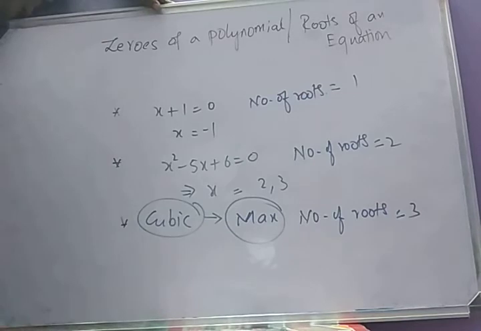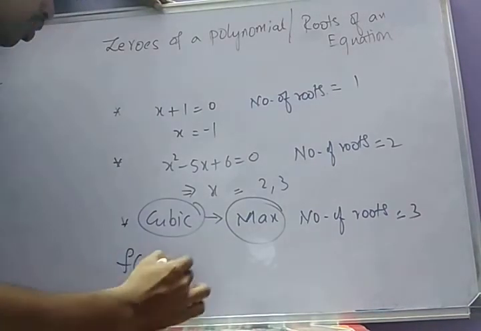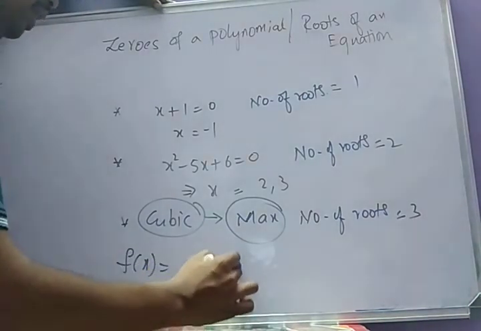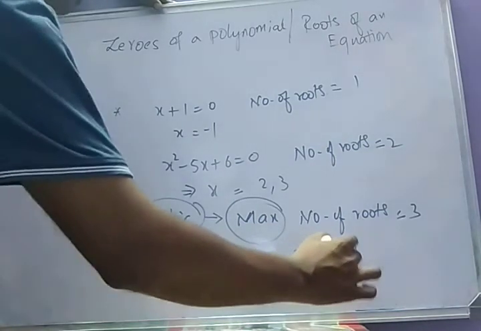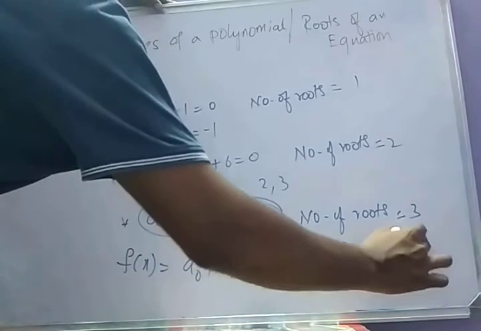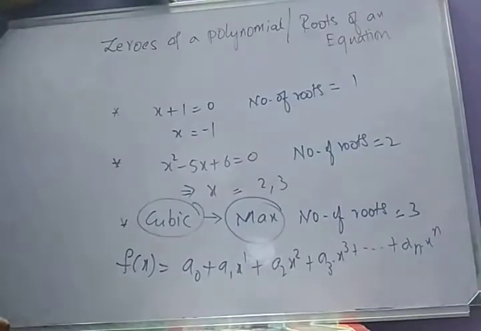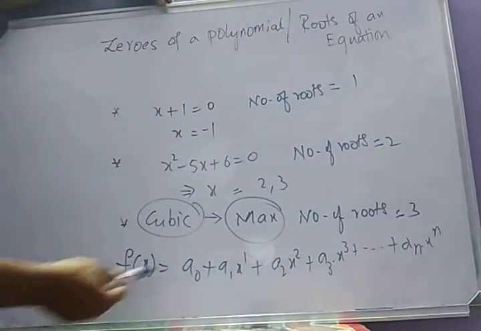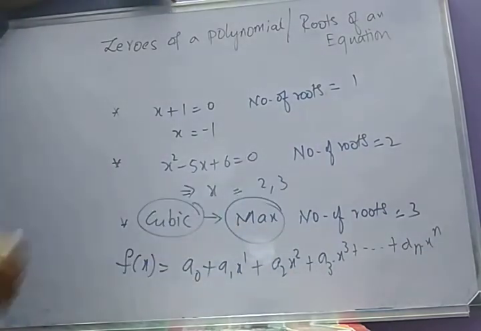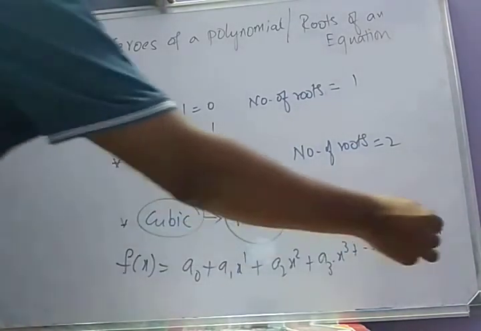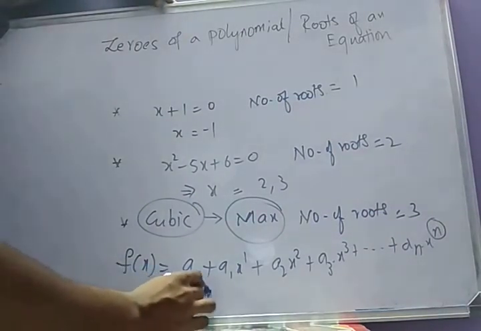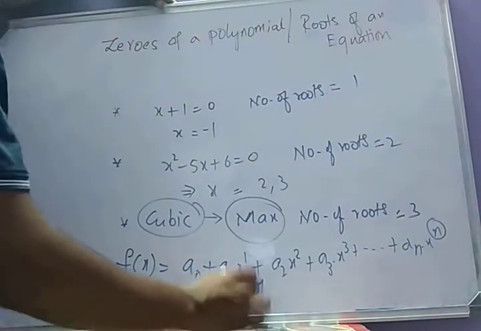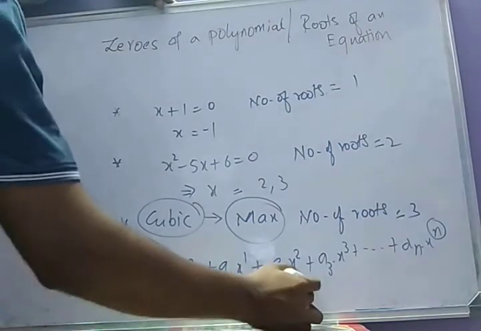So therefore, from this consideration, we can say that for a polynomial f of x is equal to a0 plus a1 into x power 1 plus a2 into x square plus a3 into x cube and so on plus an into x power n, the maximum number of roots for this polynomial of degree n is equal to n.